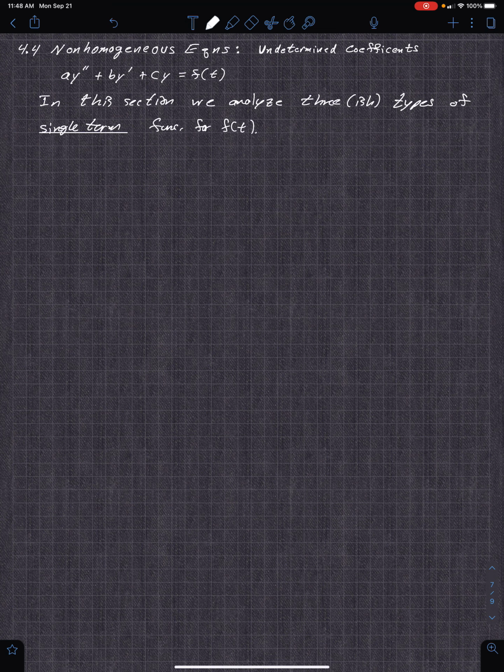That's one thing I don't think they say explicitly in the book, but it basically is a single term of different types. Basically, we're going to look at a polynomial, and we'll look at e and sine and cosine. Leaving out a whole lot of other trig functions and other functions, but those are the ones we're mostly going to look at here, which, in practice, probably comes up a lot in applications.